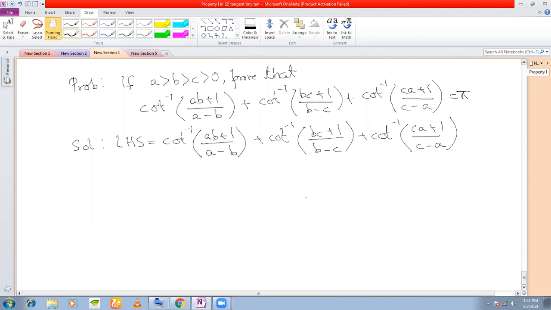Instead of ab plus 1, let's write 1 plus ab, so that it looks like a more familiar form. Tan inverse (c minus a) by (1 plus ca).